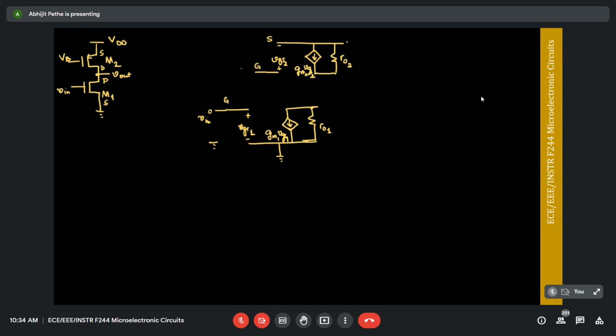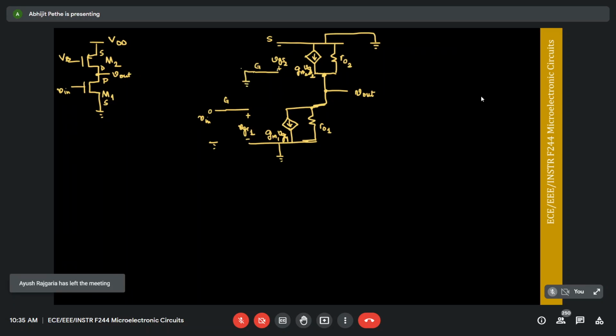This is the source. Now the drain of the PMOS is connected to the drain of the NMOS, and this is where your output voltage is taken. The source is connected to VDD. VDD is a DC voltage, so this is grounded. The gate of the PMOS is not connected to a small signal; it's connected to a DC voltage. So for small signal analysis, this gate is also grounded.